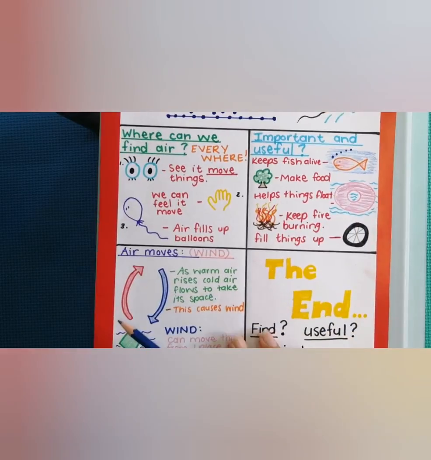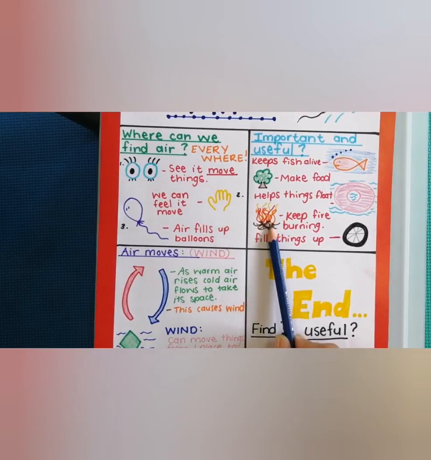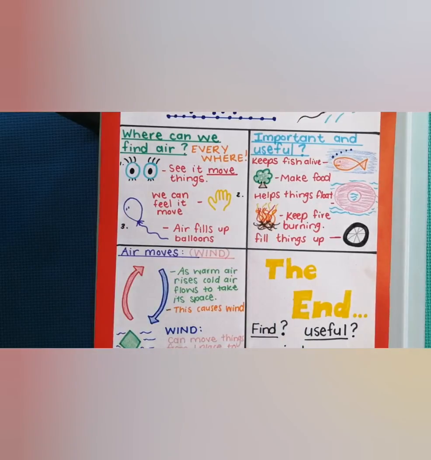It also helps to keep fire burning. Fire and charcoal need air to keep burning. And lastly, why is it useful? It fills up the tires that we use on our bicycle or on our motorbikes, and because it is hard and filled with air, it rolls easily.